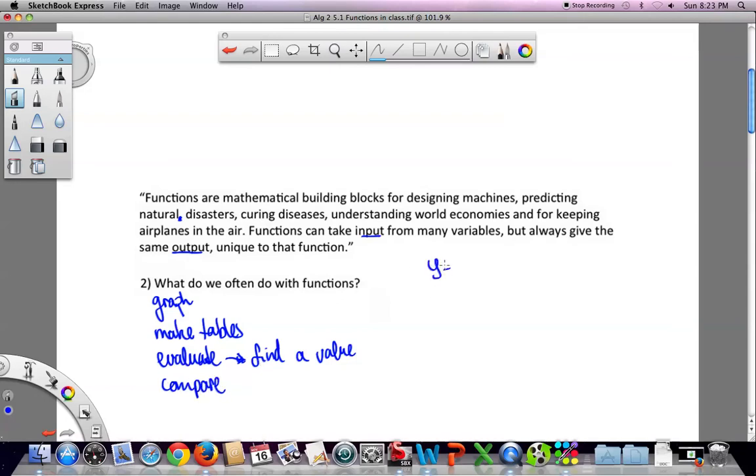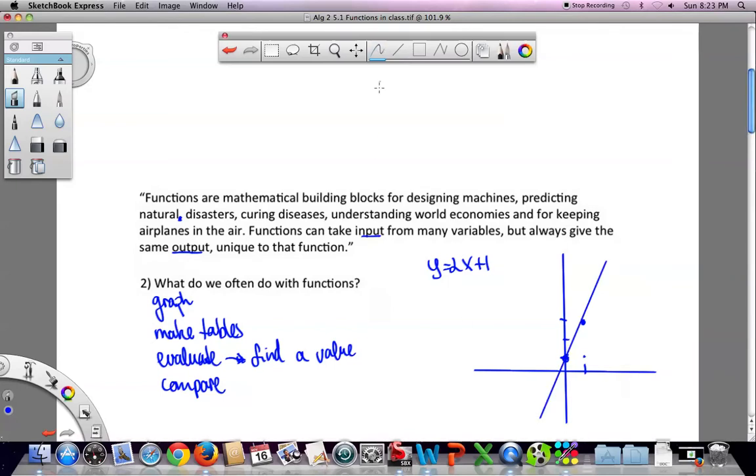So for example, if we look at y equals 2x plus 1, hopefully you're thinking, well, that's a linear function. That's going to give me a straight line. And so we could graph it, and y equals 2x plus 1 would go through here, and then the slope says the next dot should be 1 over and 2 up. So here's a function, and here is a graph that depicts that function.